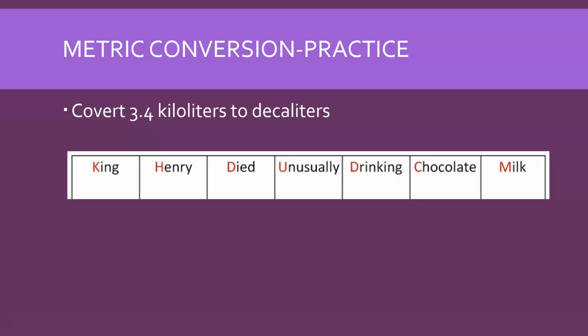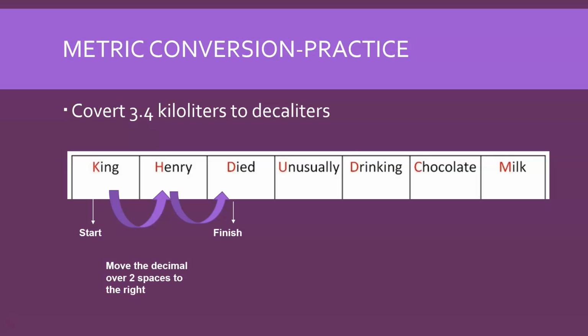You are asked to convert 3.4 kiloliters to decaliters. So I find my kiloliters, K, king, and that's where I'm going to start. And I'm going to decaliters, which is that uppercase D, and that's where I'm going to finish. And I know that it takes me 2 steps to get there.